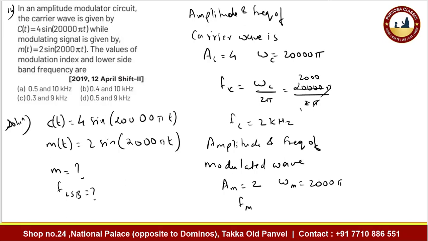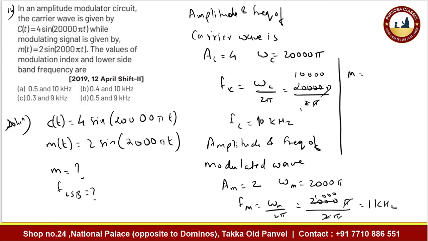So the frequency of the modulating wave will be omega m upon 2 pi, that is 2000 pi upon 2 pi. Students, here there is a mistake. The carrier, 20,000 pi upon 2 pi will become 10,000, so that will be 10 kilohertz. Sorry, and here 2000 pi upon 2 pi, pi gets cancelled, so 1 kilohertz.